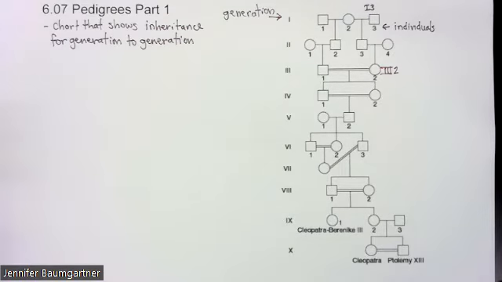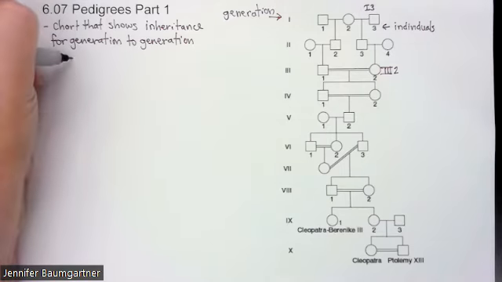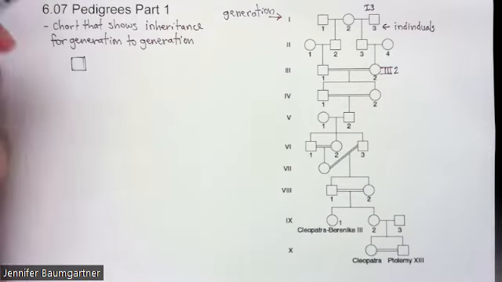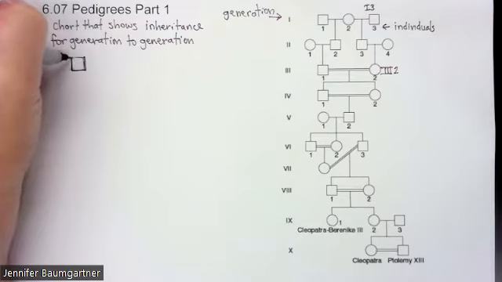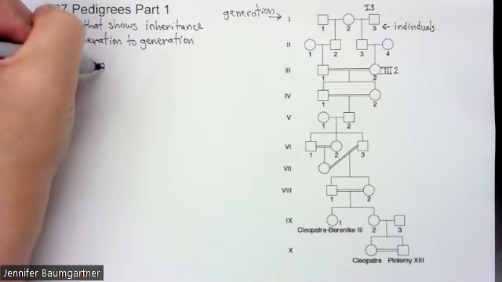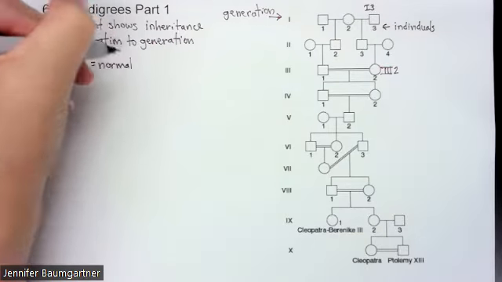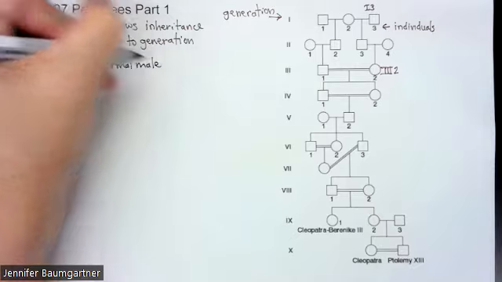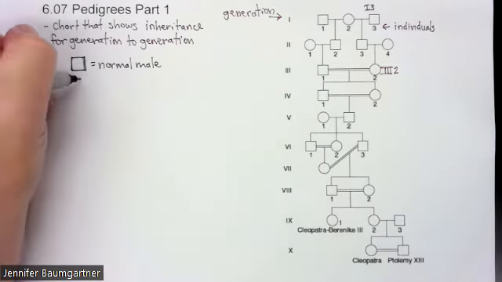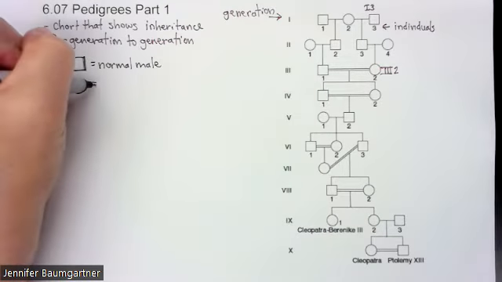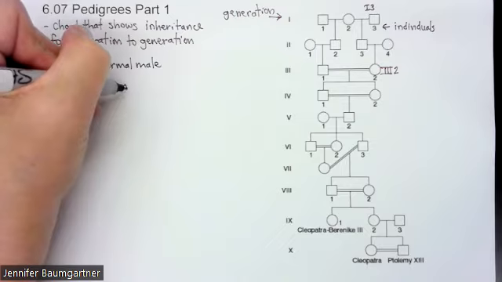So what about these boxes and circles? Well, a box that is blank is a normal male. This is when we're talking about tracking a trait, and we're usually tracking a trait. And a circle is a normal female.